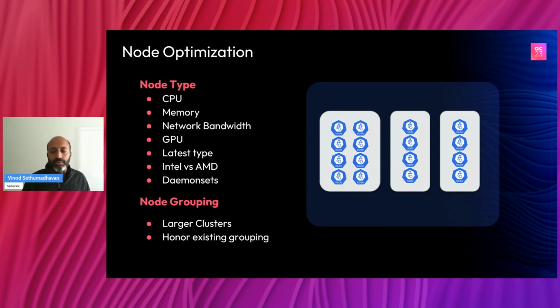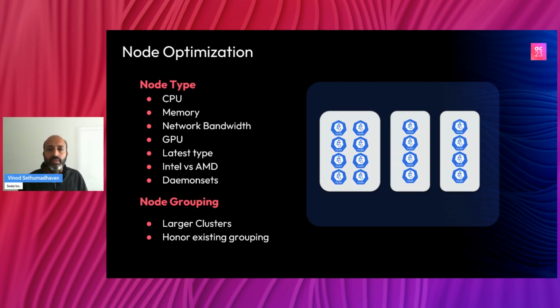And of course, GPU: you definitely need a GPU based node type if you have a GPU workload. And also the latest types of nodes, for example, AWS releases new node types every year. Every time a new generation comes out, it has better performance for practically the same cost, so we also consider that.